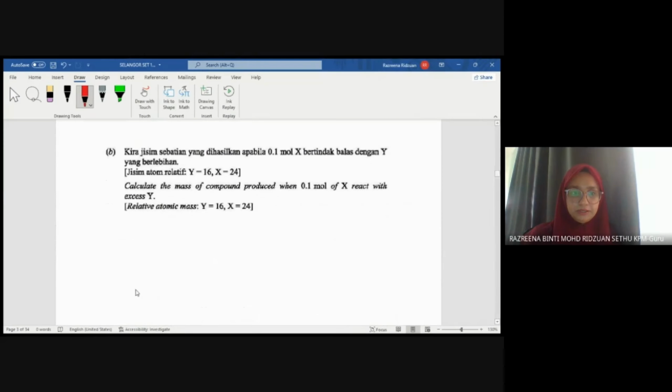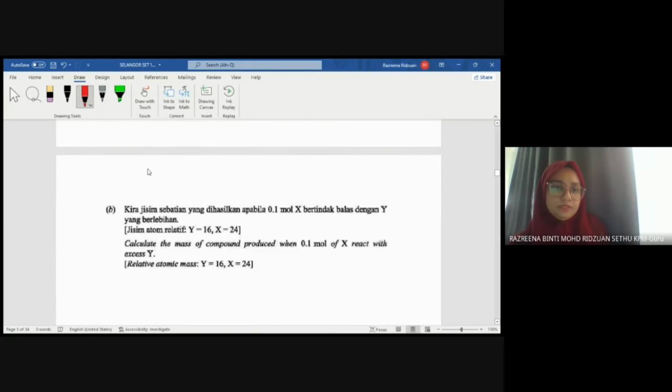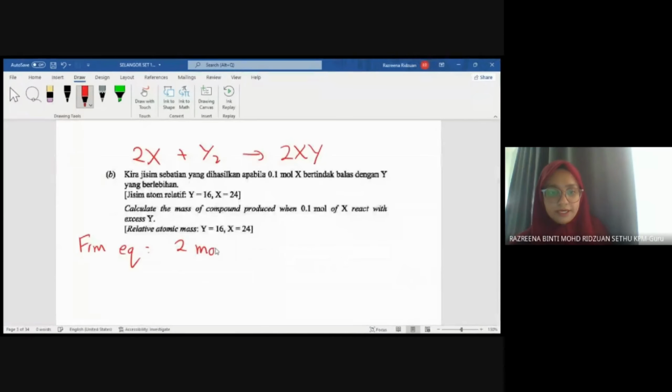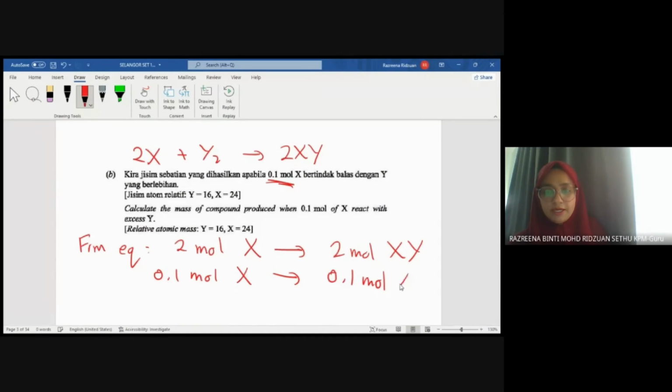Next, question B. Calculate the mass of the compound produced when 0.1 mole of X reacts with excess Y. So they're asking the mass of the compound. 1 mole of X, you get 1 mole of XY, right? Now the question gives you 0.1 mole of X. So here 0.1 mole of XY as well.